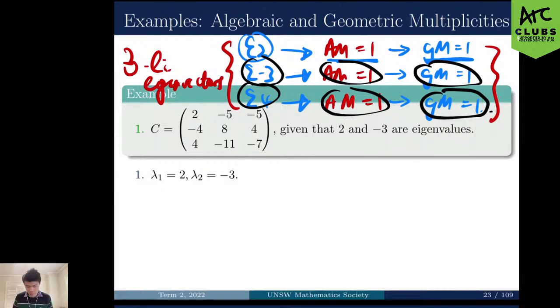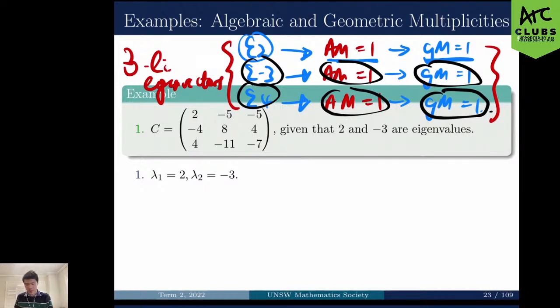Then we've got 4 minus 1 minus 4, which is minus 1. Then minus 6 minus 4 plus 12, which is 2. Okay, so this must have eigenvalue 1.